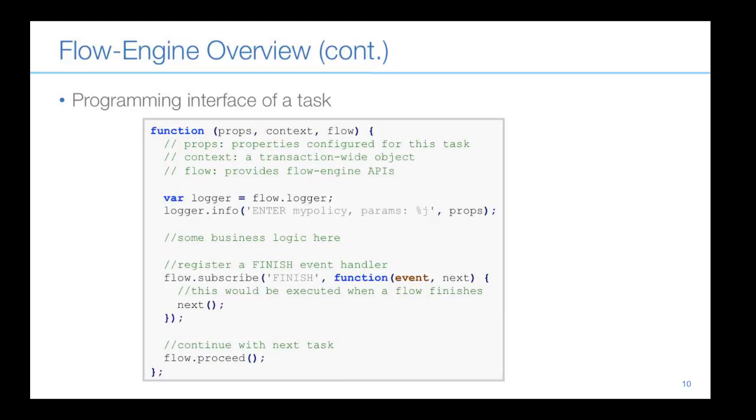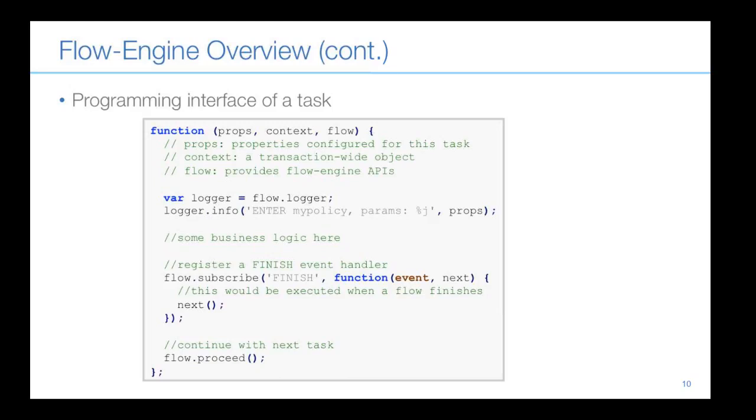Properties are the configured information related to this specific policy or this specific task. In context, we talked about that in the earlier component diagram. When a transaction goes through the gateway, the context will hold the intermediate data, and you can get the information from the context. And flow is really the flow engine component.